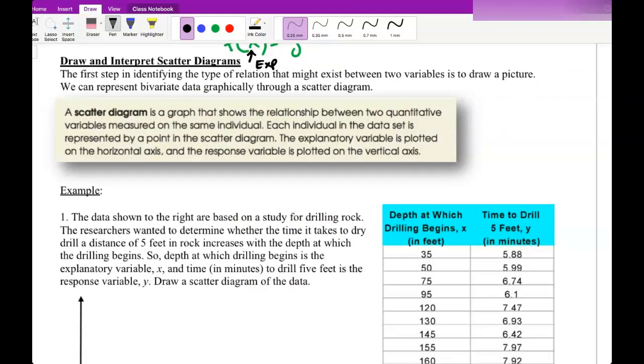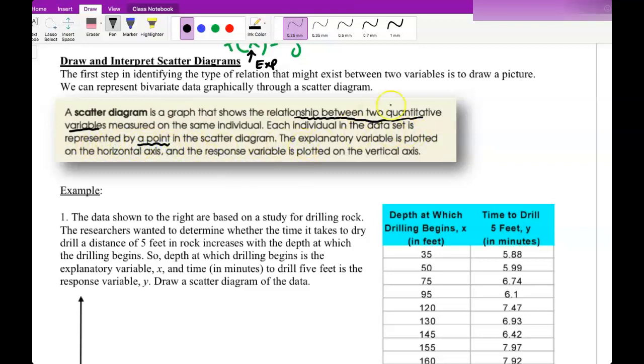Okay, now let's try to interpret scatter diagrams. A scatter diagram is a graph that shows a relationship between two quantitative variables. Also, you should use a point for each individual. So each individual in the data set is represented by a point.